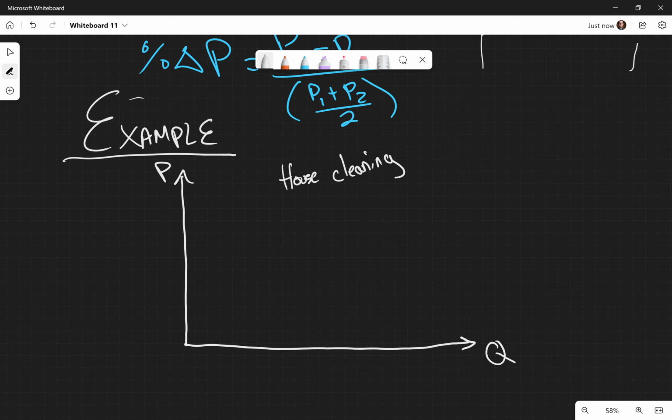So, when we're talking about the market for house cleaning, we have our price on the y-axis. We're going to start off with a little break and start off with 40 down here instead of 0. And then we'll do 60, 80, 100, 120.